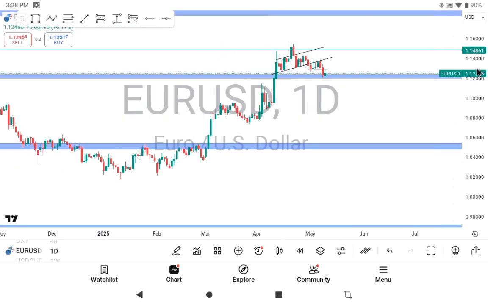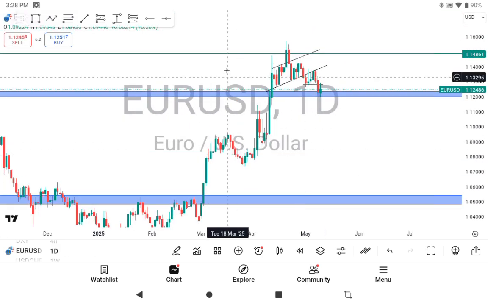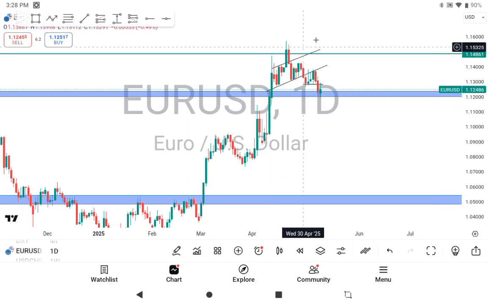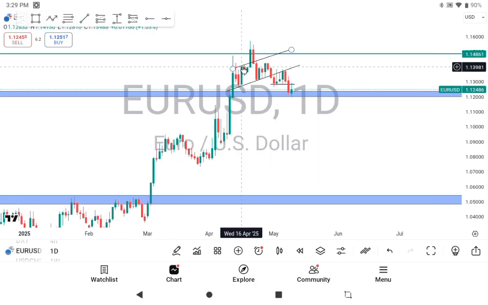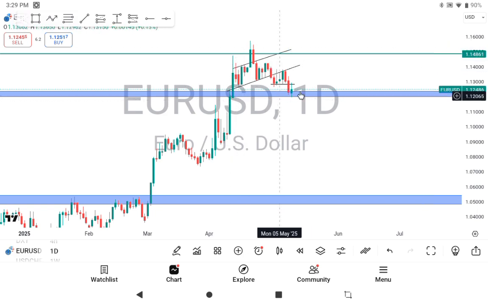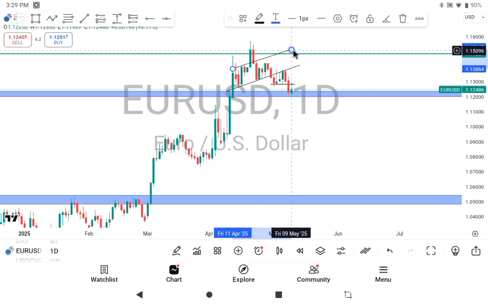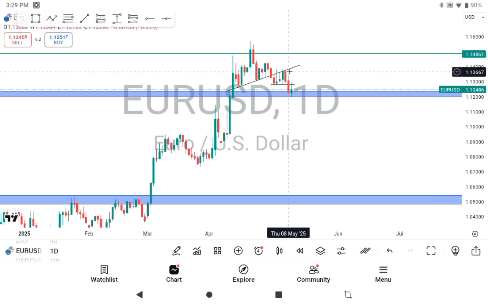Now right here on the daily time frame, I say that we have a rising wedge, and also we have a chart pattern, left shoulder, head, and the right shoulder right here, and this is serving as a neckline. In as much that this neckline has not been broken, price can still push back up again.